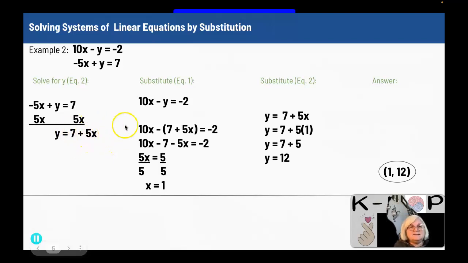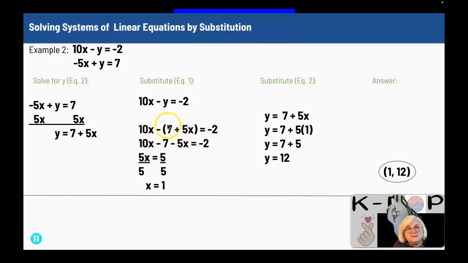Now I take this and I put it into the other equation for the y, because that's what y equals. So I have 10x minus y equals negative 2, which changes to 10x minus the quantity 7 plus 5x equals negative 2.